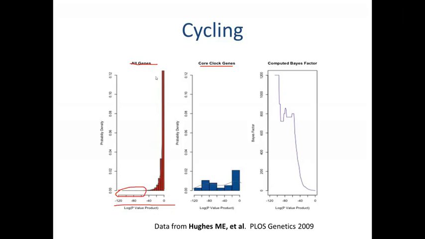And you can see that most genes in the genome don't cycle, but there's this tail out here of genes that do cycle. And in fact, if you plot just clock genes on the same graph, you can see that clock genes are way overrepresented in the cycling category. So this actually gets a relatively high Bayes score, and we're going to simply do the same thing with other data sets that encapsulate what we know to be true about clock factors.